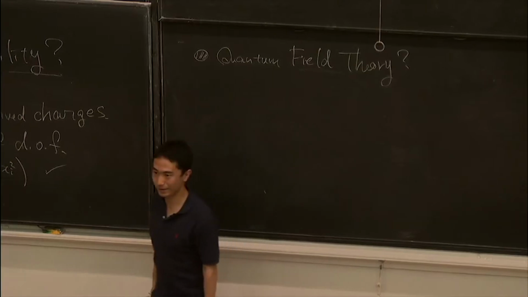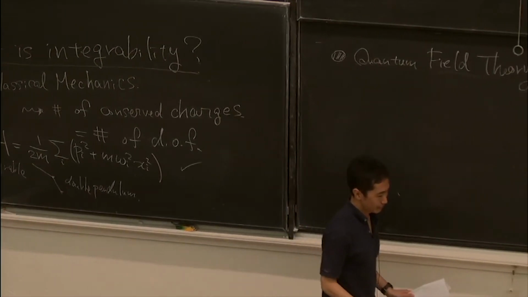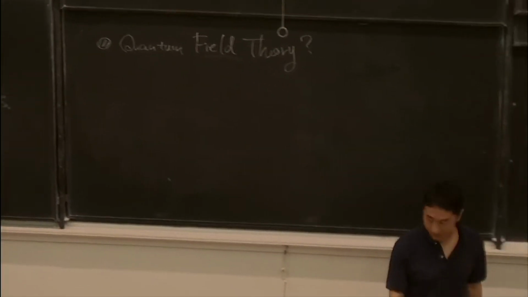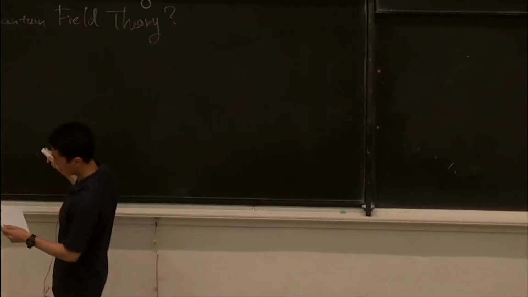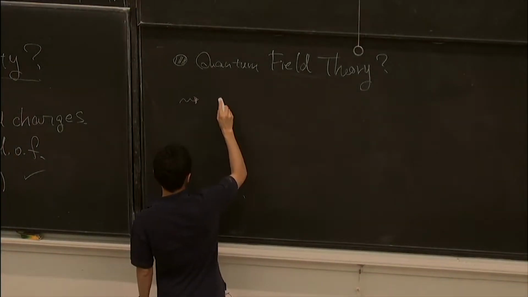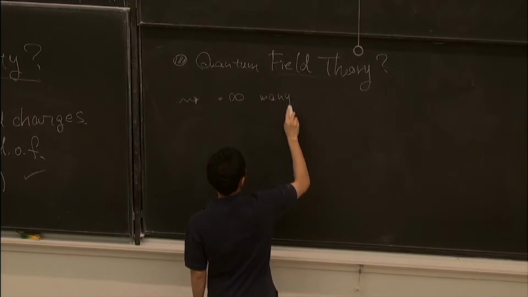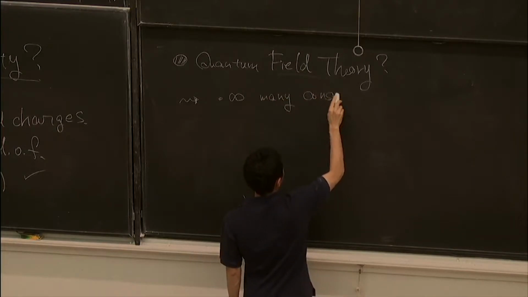In quantum field theories, the situation is a little bit more difficult because the number of degrees of freedom is infinite. So maybe you might want to define integrability by the existence of infinitely many conserved charges.